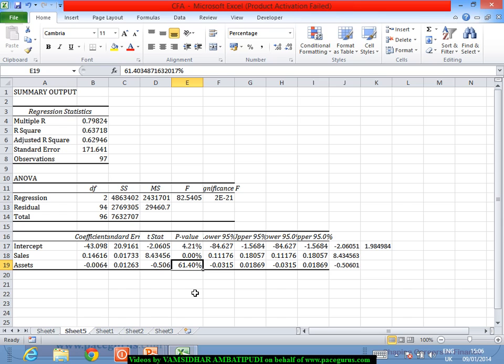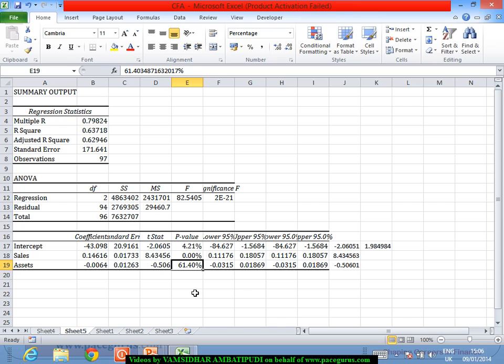So when I am directly looking at the p value generated by the regression model without doing any kind of calculation, just by mere looking at the p values, we can very well make out whether this particular coefficient's assumption of being equal to 0 has to be rejected or failed to be rejected.